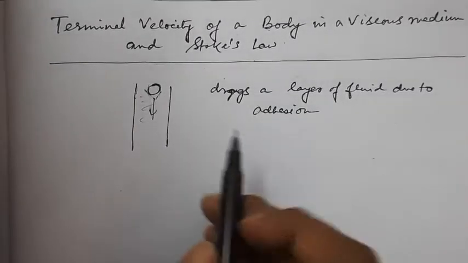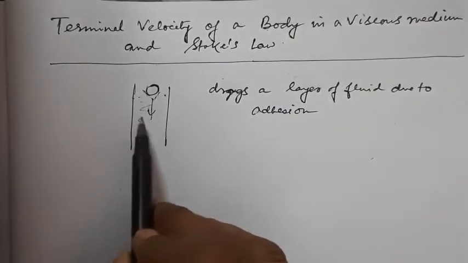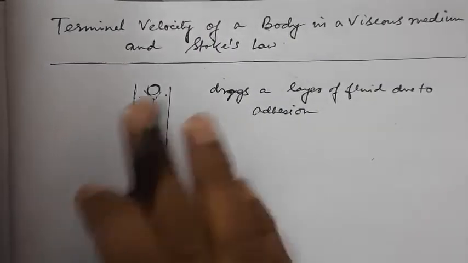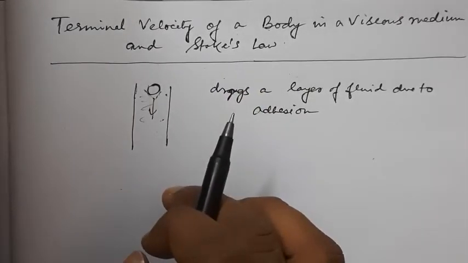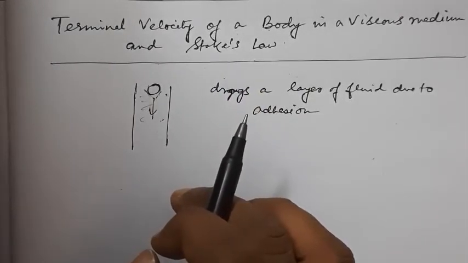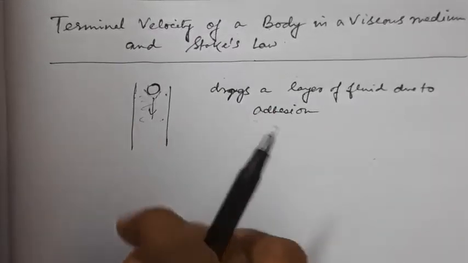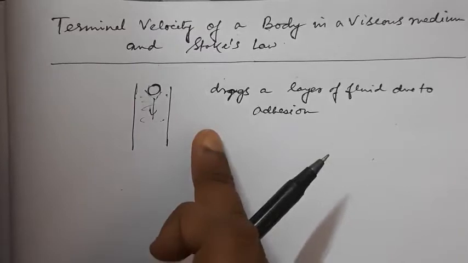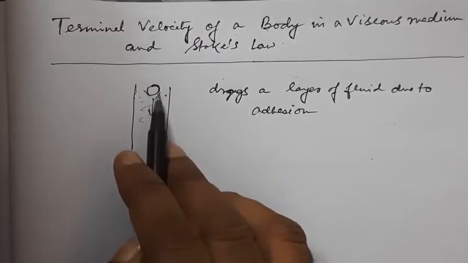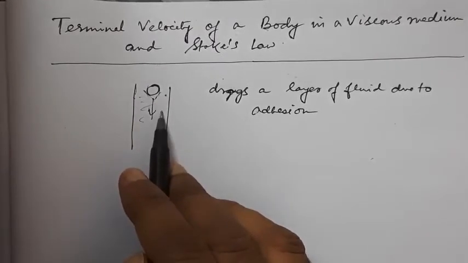But the fluid layers at a large distance from the body are at rest. As a result, there is relative motion between different layers of the fluid at different distances from the body. Layers adjacent to it and layers far away from it.